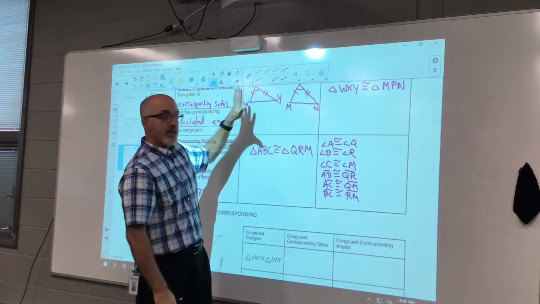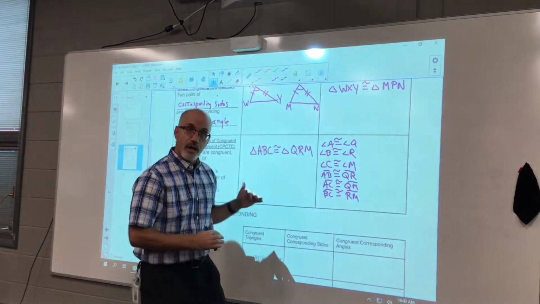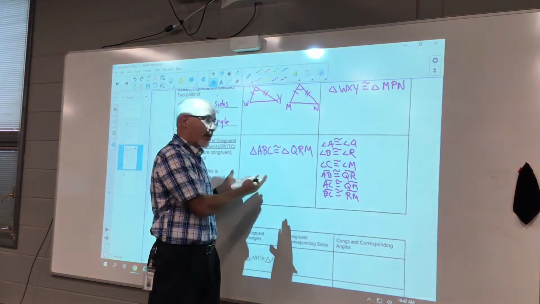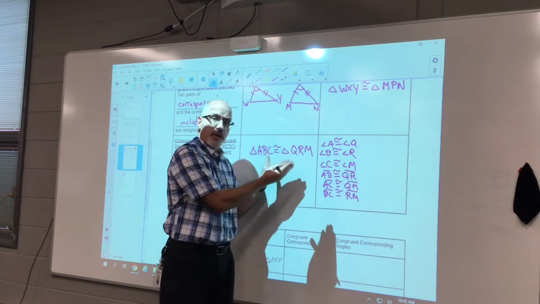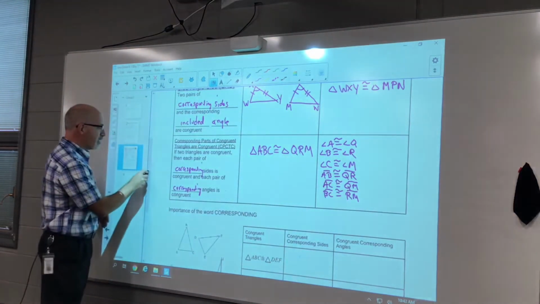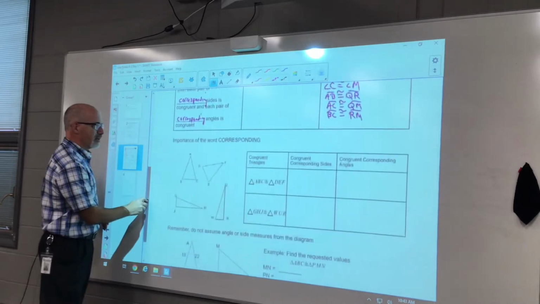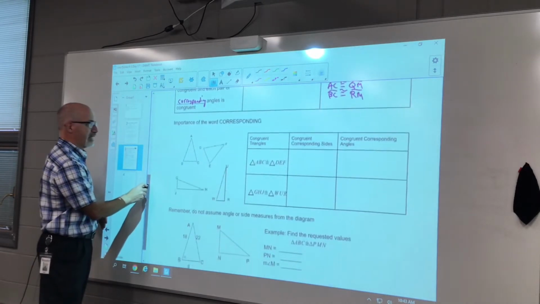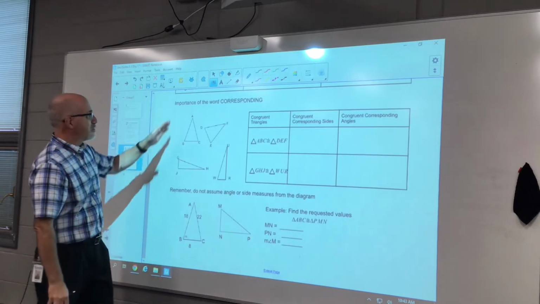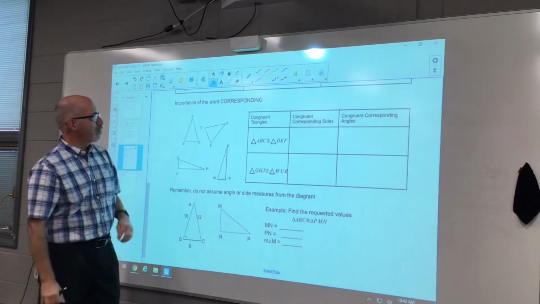So the first 2 theorems are shortcuts to prove the triangles are actually congruent. This one is, if you know the triangles are congruent, what corresponding parts are congruent in the angles and sides. So there really is an importance here in the word corresponding. Okay, so let's do some example problems here. Let's try these, the importance of the word corresponding.